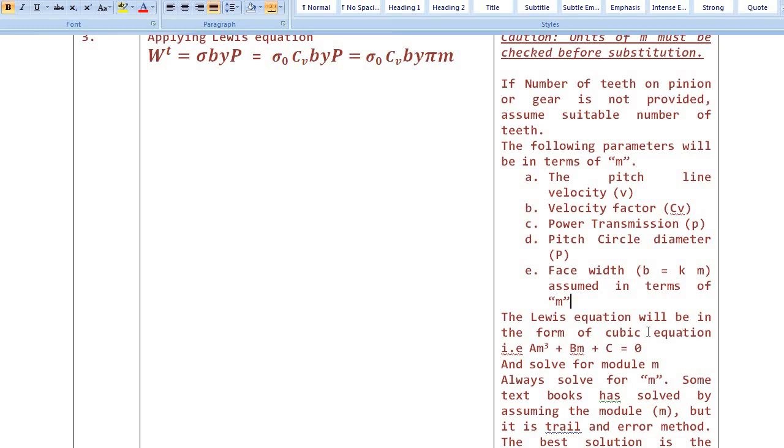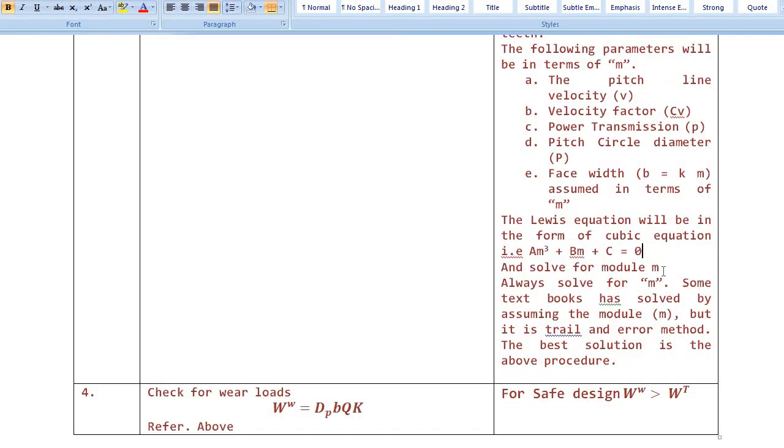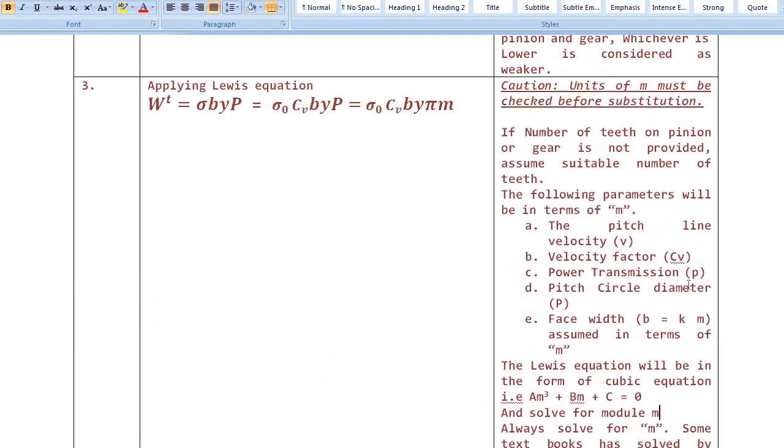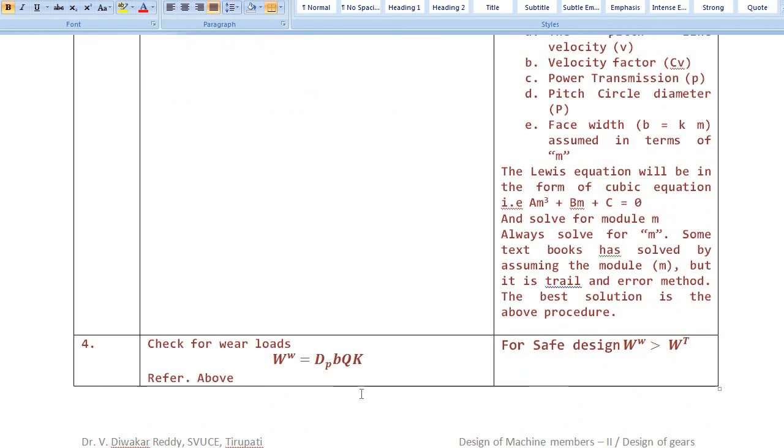So the Lewis equation will be in the form of a cubic equation. This cubic equation can be solved directly from your calculator, and you can get the value of m. Some textbooks give a trial and error method, but the best solution is the direct one. Once you calculate the module and the parameters of the gear, that is number of teeth, diameters and face width, we can check for wear load.